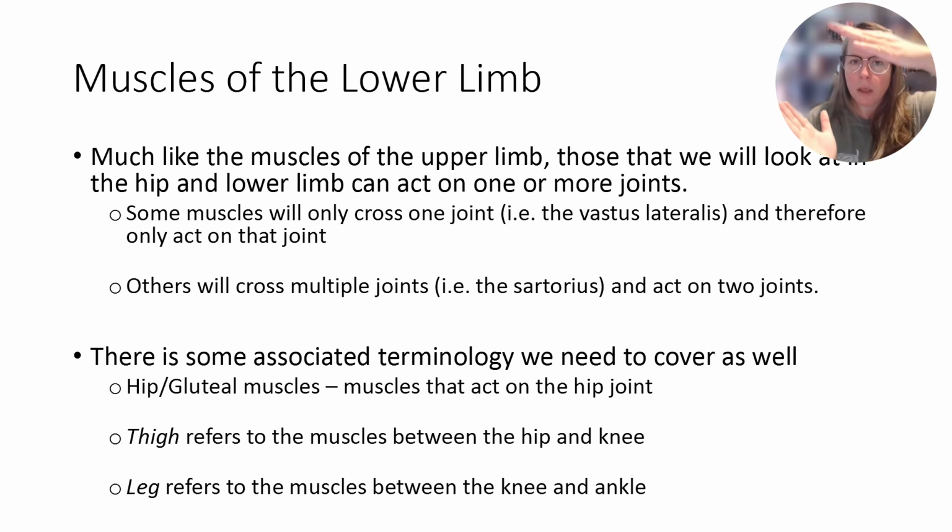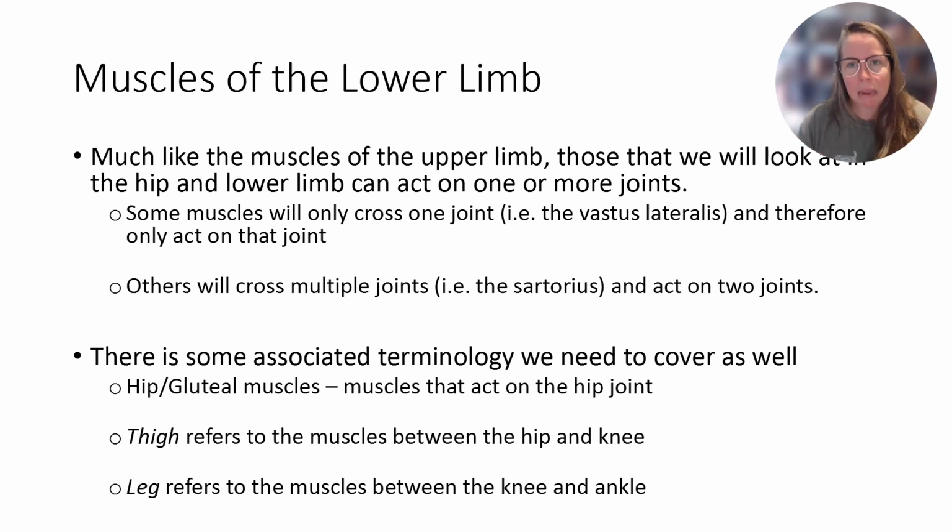From hip to knee, I can't show you, I'm not that flexible, from hip to knee, that's my thigh. If you are on my pelvis and connecting to my femur, you're a hip or a gluteal muscle. You're acting on the hip joint. Muscles that live in the thigh are typically acting on the knee joint. Some also act on the hip joint.